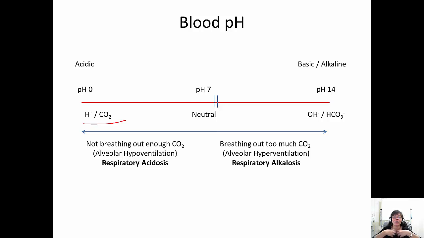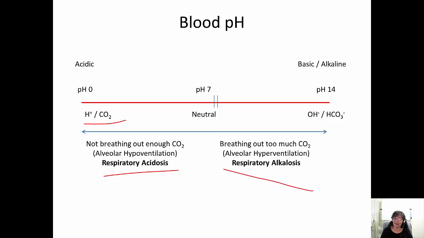Carbon dioxide, as we all know, is something that we breathe out. So if we're not breathing out enough carbon dioxide, that can lead to respiratory acidosis. On the other hand, if we're breathing out far too much carbon dioxide, we're not retaining enough hydrogen, and that can lead to respiratory alkalosis.